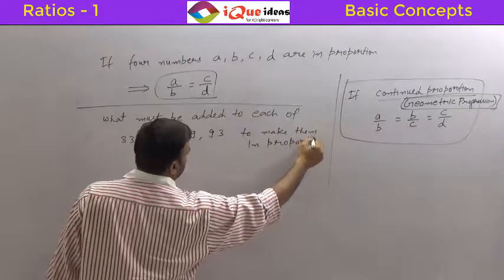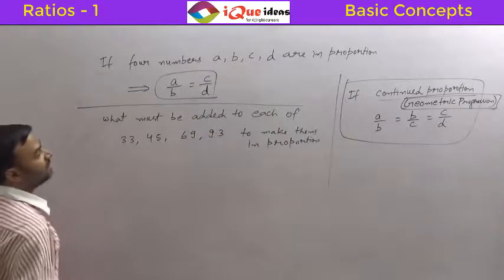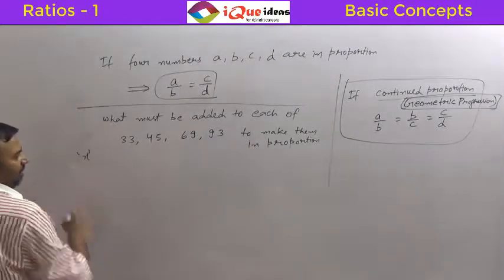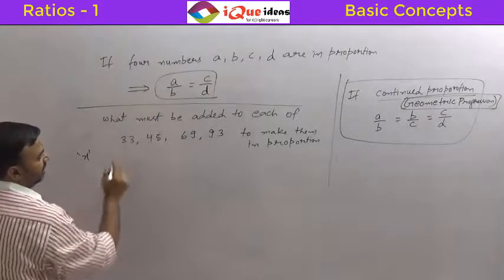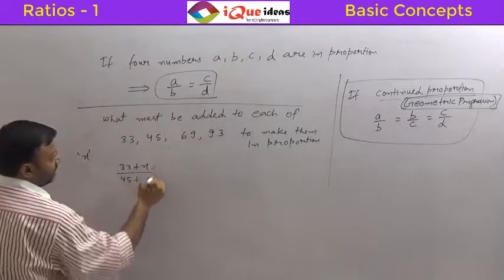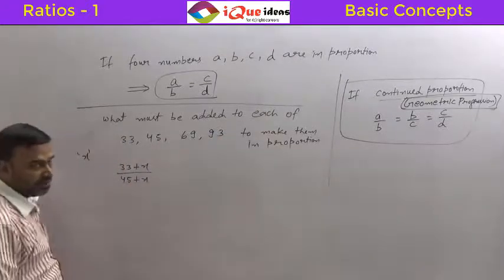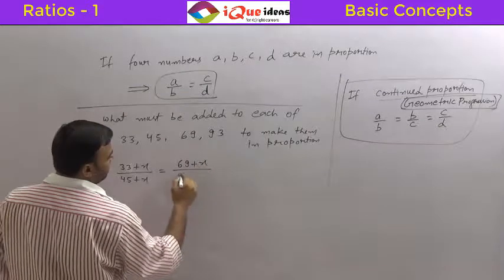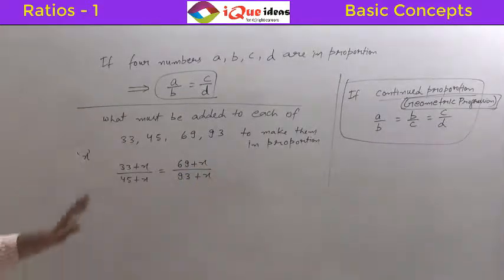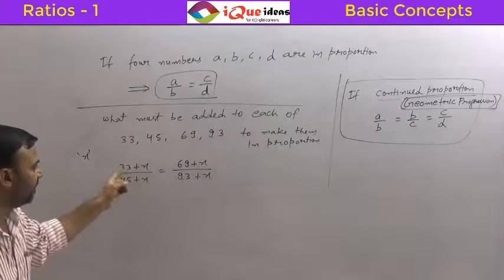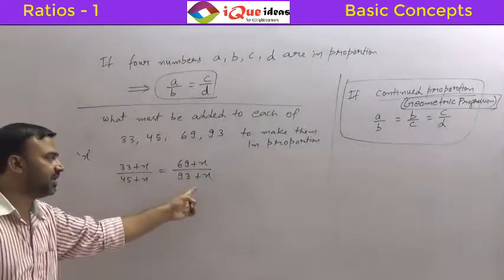What will you do? Understand the question? What must be added to each of these? So suppose I say that x is the number to be added, then how do I write the relation? 33 plus x divided by 45 plus x, because they are going to become a proportion, right? Now this one 69 plus x and the last one 93 plus x. Question is, what must be added to make them in proportion? So add x to each one of them. So we get 33 plus x, 45 plus x, 69 plus x, 93 plus x.